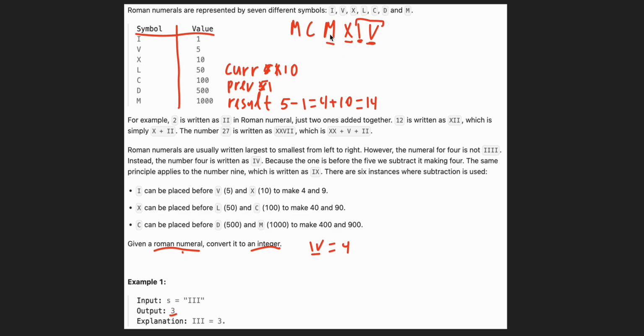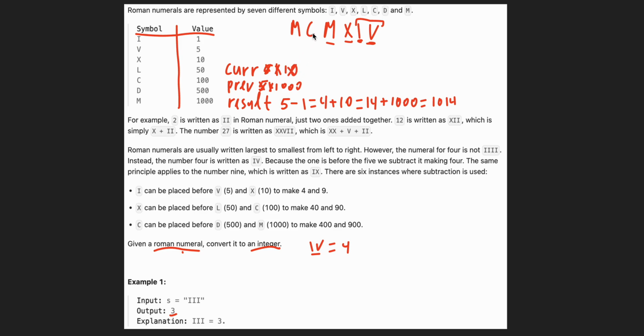Next one is M. M is 1000, so we are adding 1000 to our result. It's more than the previous, so it now becomes 1014.